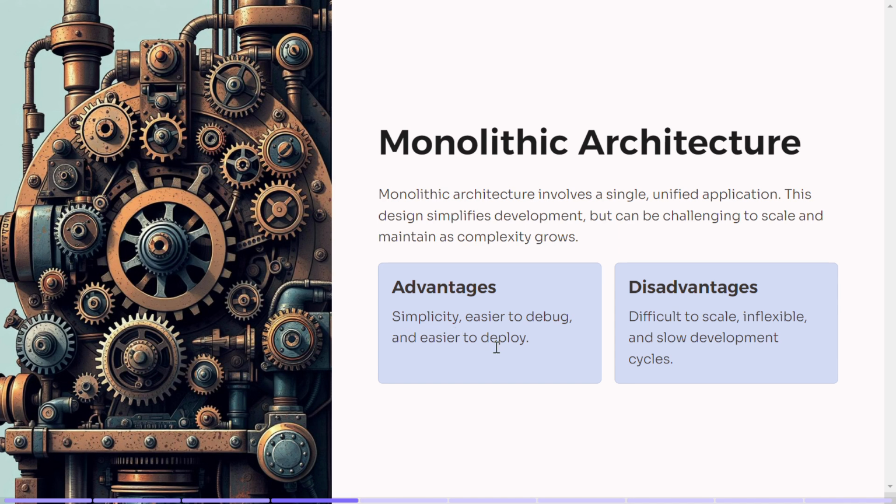Advantages: simplicity. It is developed as a single unit, so it is simple and easy to manage. It is easy to debug because we are developing the project as a single unit, so it is easy to find errors. And it is easy to deploy because we are developing the whole project as a single unit.